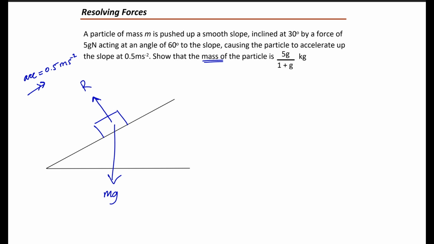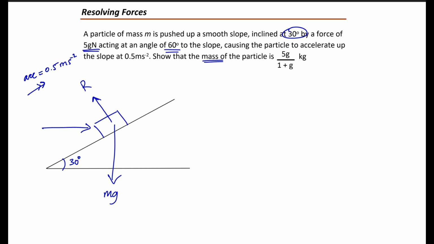Then we also know that we have a 5g Newton force acting at an angle of 60 degrees to the slope. Well, let's actually label this 30 degrees first. So we know that's 30 degrees. And then we've got something that's 60 degrees to the slope. Well, if this is the slope here, or parallel to it, then a 60-degree angle is going to look something like this, just like an arrow there.